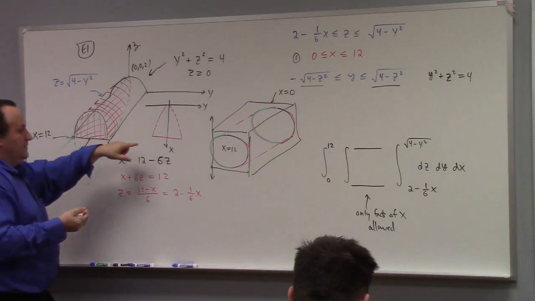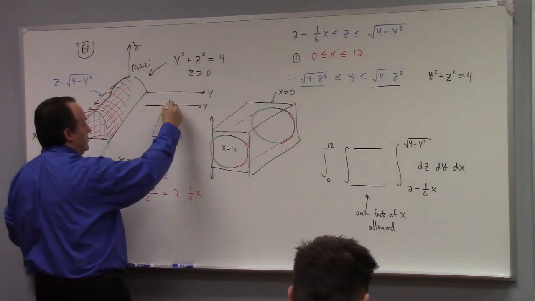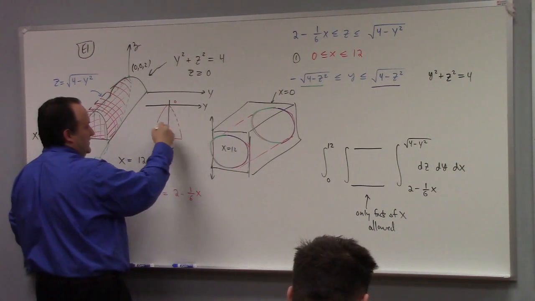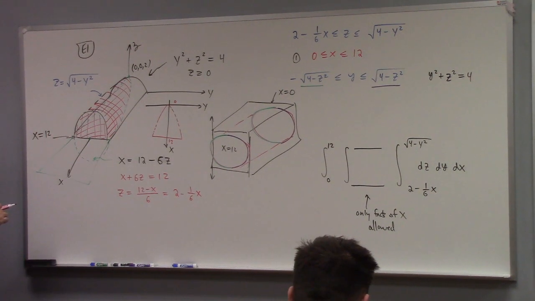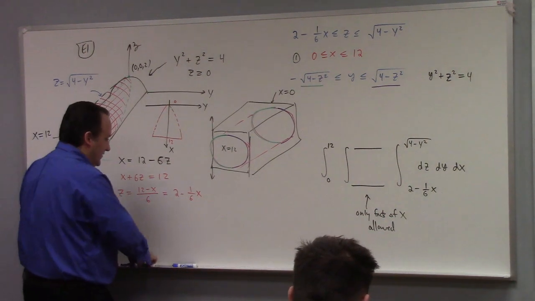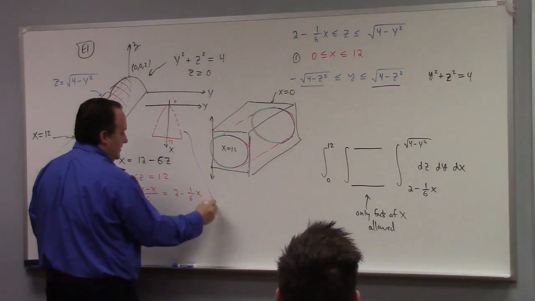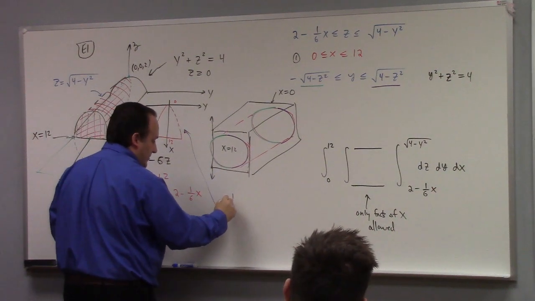So we have 0, we've got 12. The question is about these guys. That's what we're interested in. How do we get those? Those are from what? The intersection of what and what? Intersection of plane and cylinder. So how do we describe the intersection of the plane and cylinder?